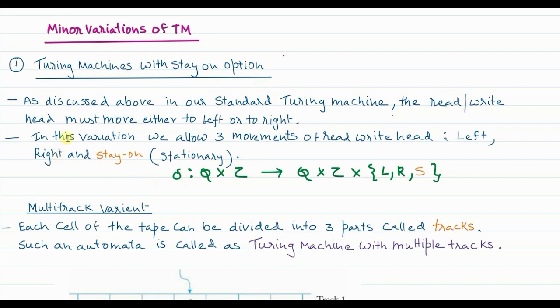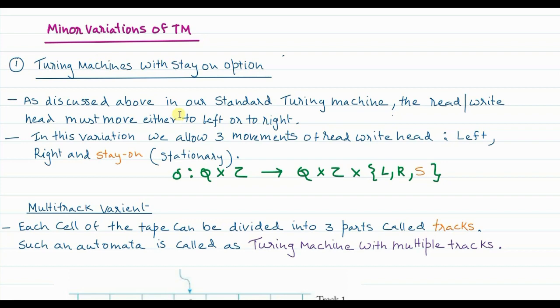In this variation we allow 3 movements of the read write head: leftwards, rightwards, and the third option called stay on, that means stationary movement. This is a minor variation of Turing machine. It will not affect problem solving; while solving Turing machine problems, you can definitely use the stationary movements also, no problem.